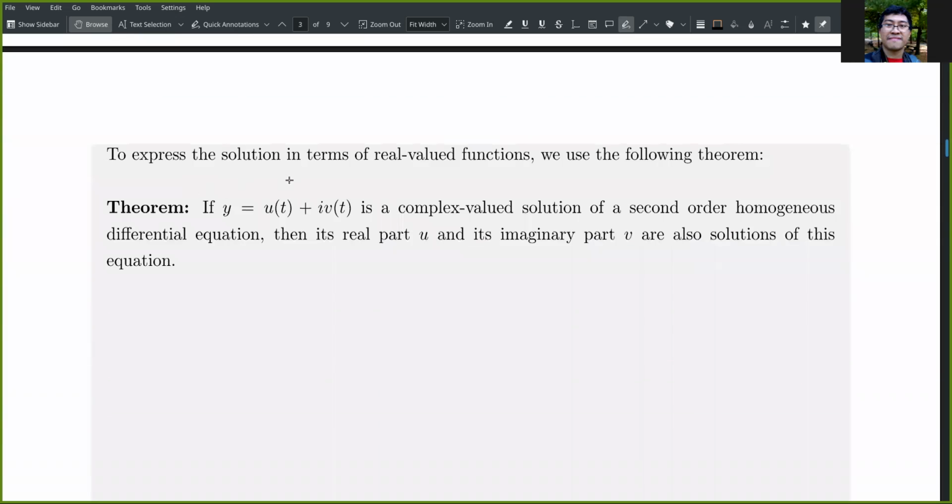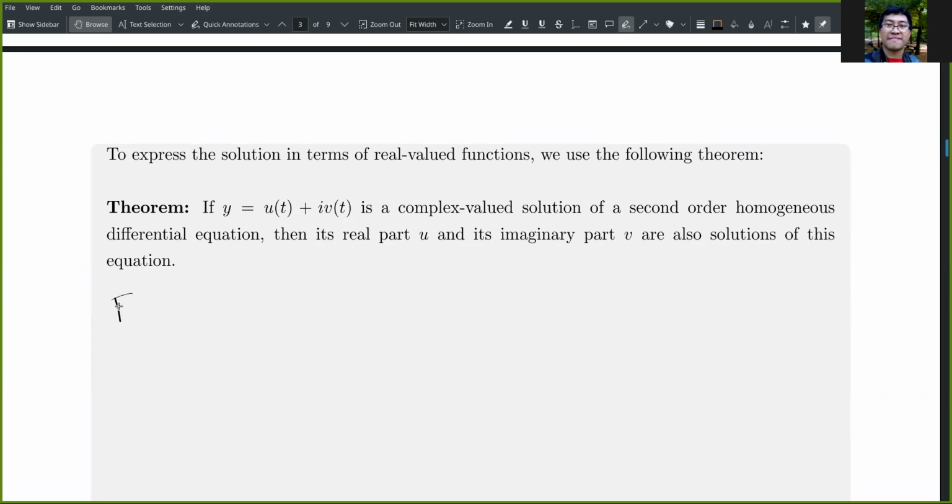Now to express the solution in terms of real valued functions, we use this theorem, which we will not prove. If you want to prove it, the proof is straightforward because you just have additive terms here. So it is very easy to show that if this is a complex valued solution of a second order differential equation, the real part and the imaginary part, u and v, are also solutions of the equation.